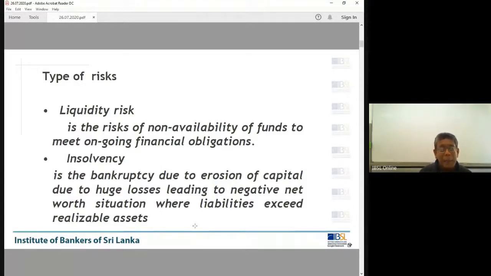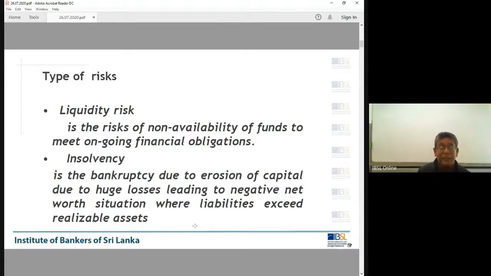Now, what liquidity risk simply means is the risk of non-availability of funds to meet ongoing financial obligations faced by the financial institution. For example, a customer who deposited money in your bank wants to withdraw it, and your bank says we don't have the money.